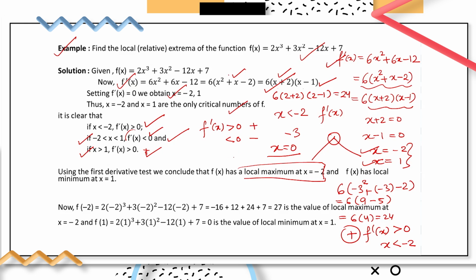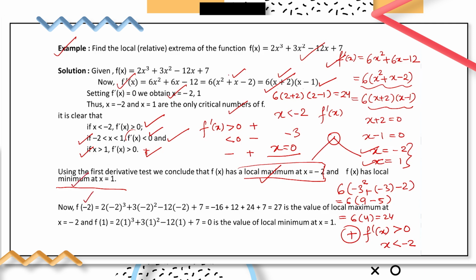That means the change is from negative to positive, which is why the local minimum lies at x equal to 1. So at x equal to minus 2 we have a local maximum, and at x equal to 1 we have the local minimum.